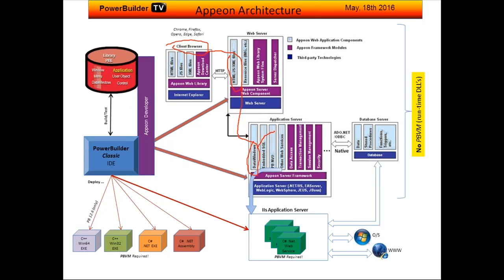The web service data window is using the web service part of the framework in the Appeon server, and that's actually going out here calling the .NET web service that I built in PowerBuilder, which is going over here to the operating system and talking to Active Directory, saying, "Hey, is Chris Pollach okay?" And that gets an answer returned to here. That answer gets then returned to there, and away you go. That you're logged in. So that's what's happening behind the scenes at this point.